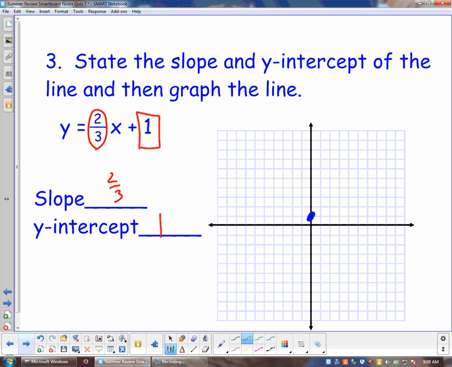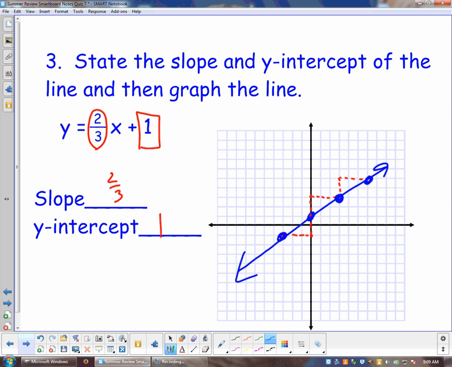And then my slope is 2/3, so I need to go up 2 and to the right 3, and I'm going to plot my next point right there. And I can repeat that process, up 2 to the right 3, and I get my next point. Or I could go down 2 and to the left 3 and get my next point that way. So there's my line. That's the graph of the line y equals 2/3 x plus 1.